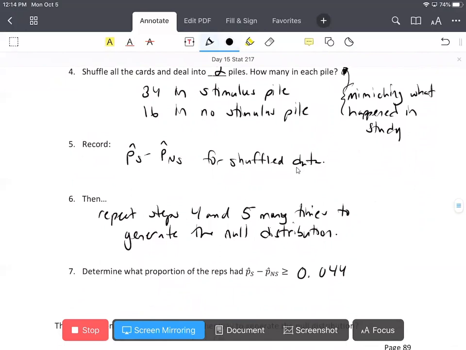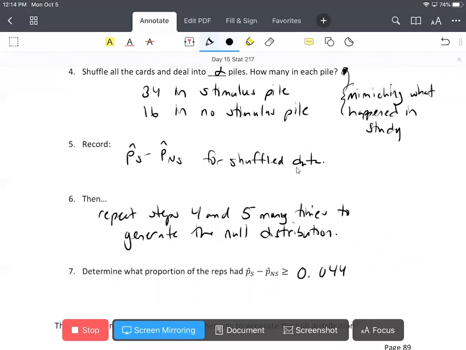Now what you're going to have to do is count, then do the counts like we did before, find the proportions, the p hat sub s, minus p hat sub ns, for that shuffled data. Like we did with the dolphin study, we would repeat that over and over again to generate the null distribution.